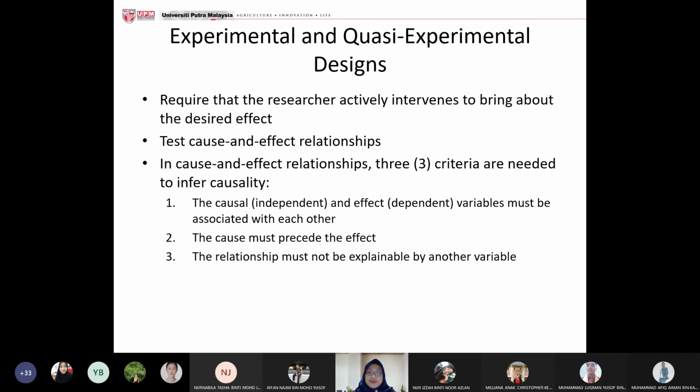I told you just now, I've taken a look at what you guys answered, and a lot of people mentioned cause and effect relationships. For your information, I just want to highlight again, in quantitative studies, you can test for cause and effect relationships.